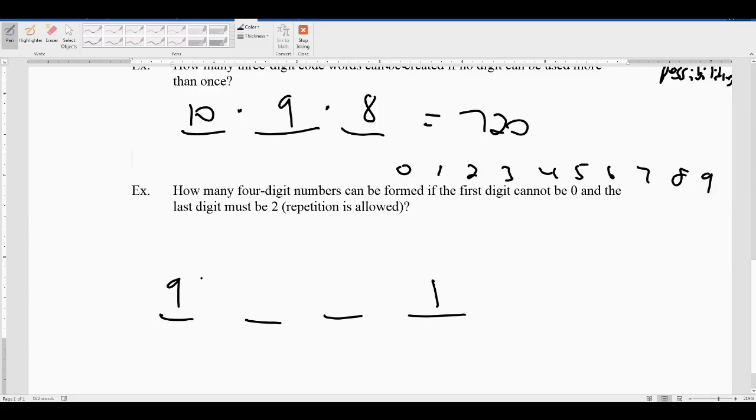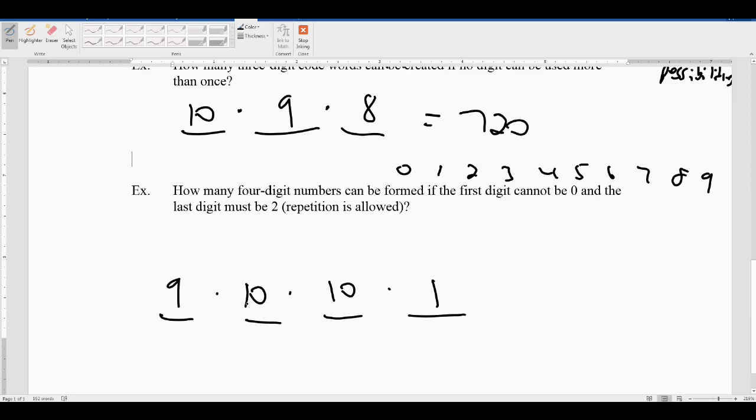It just tells you how many possibilities you could have. So that means that this entry could be any of the 10 digits, as well as this one. There's no restrictions on it. You're allowed to repeat, and you can use any digit. The only ones that have restrictions were the first one, can't be a 0, so that means you had 9 possibilities, and the last one had to be a 2, so you only have 1 possibility there.